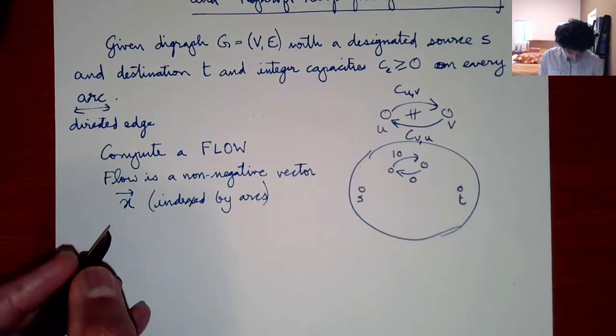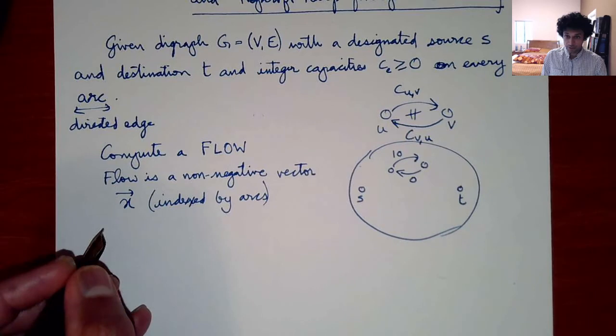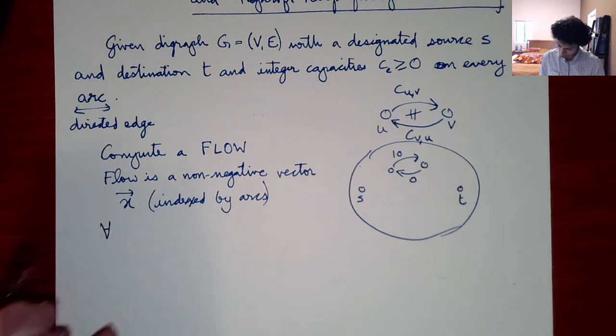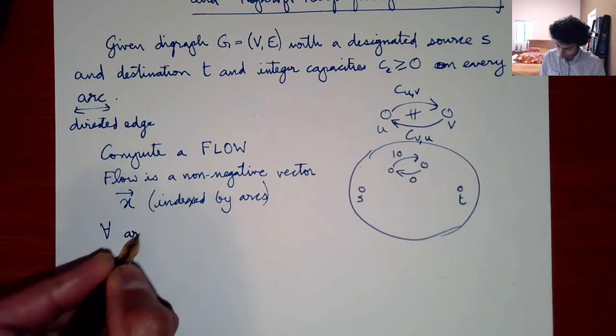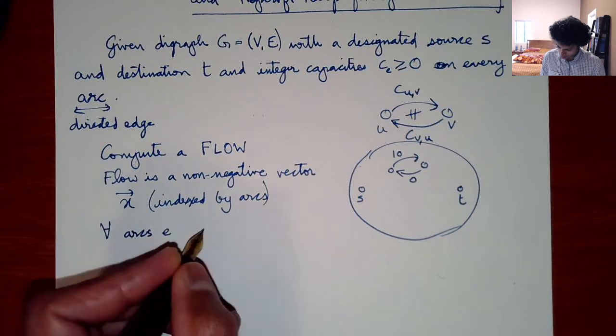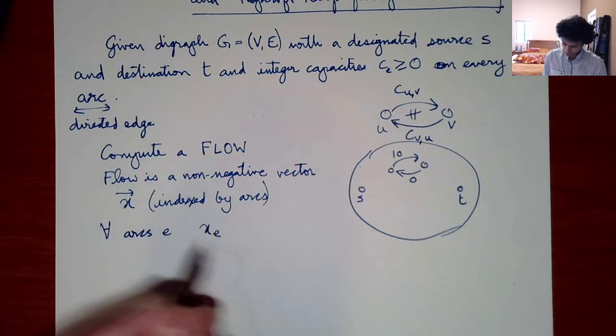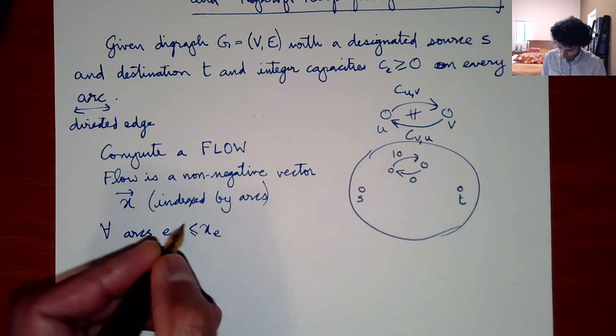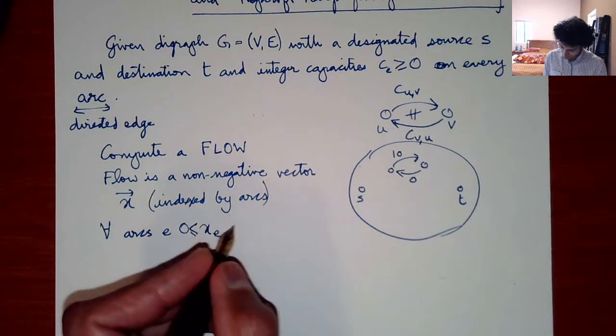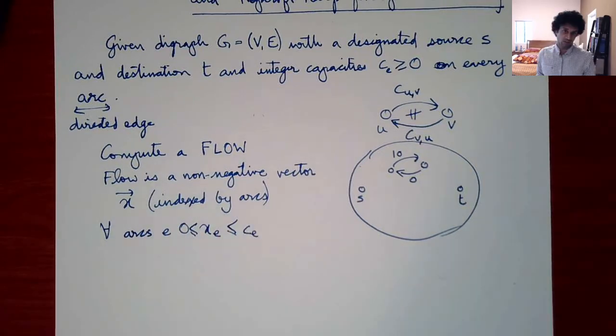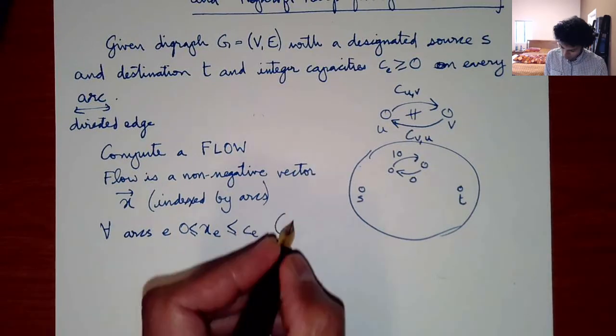So the first constraint, maybe the obvious constraint, is the capacity constraint. It just says that for all arcs e, the flow has to be non-negative, and it has to be at most the capacity. It says you can only send the capacity, and this is the capacity constraint.